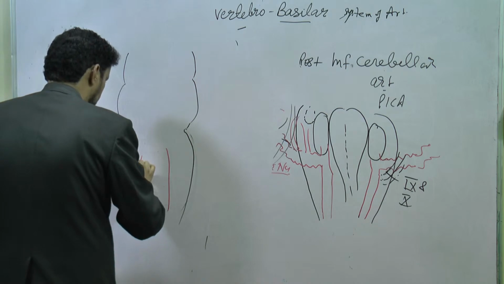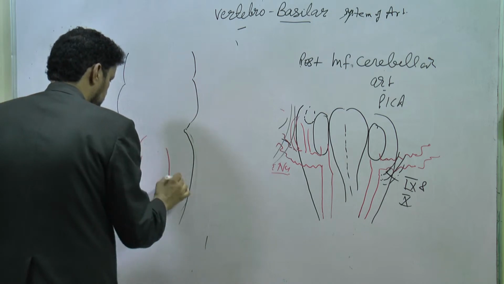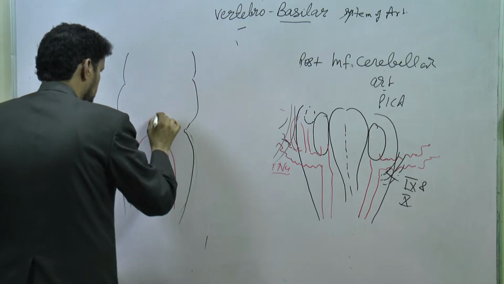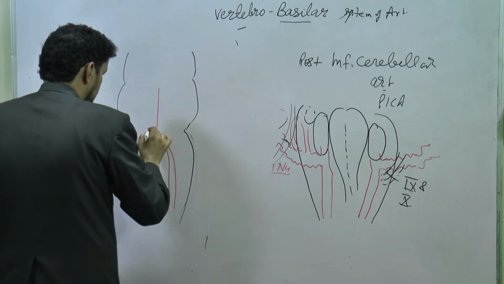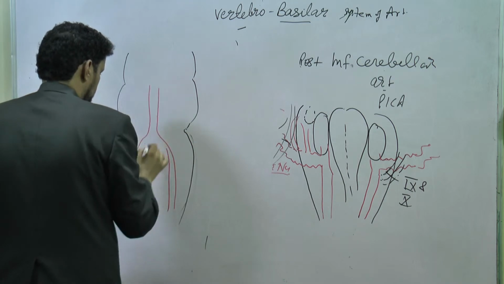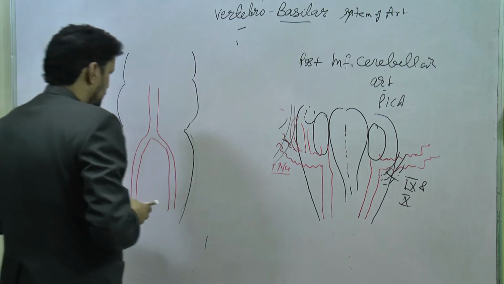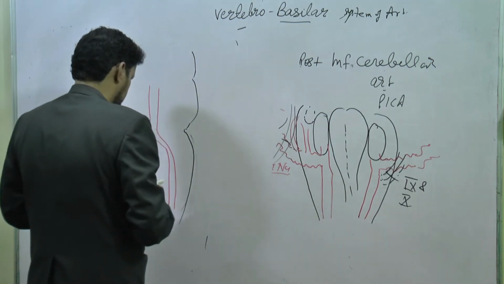The two vertebral arteries join in the pontine cistern to form the basilar artery.